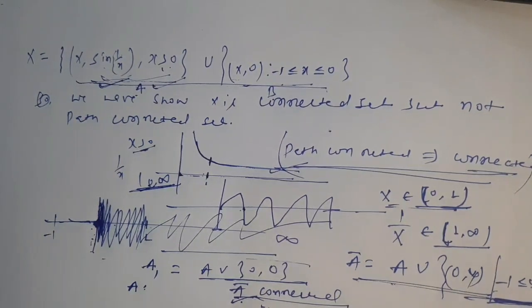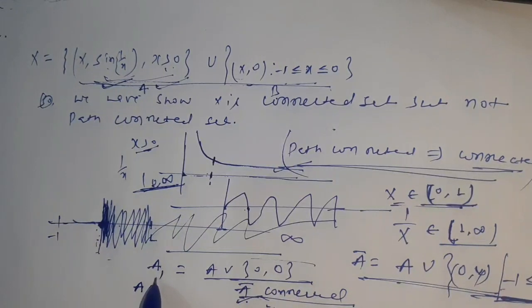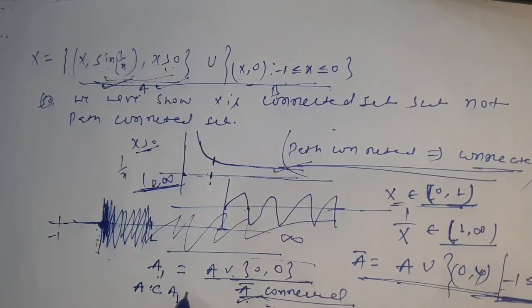A closure is this set. Here we have taken A1, which is none other than A union (0, 0). So we can say A is a subset of A1, which is a subset of A closure.